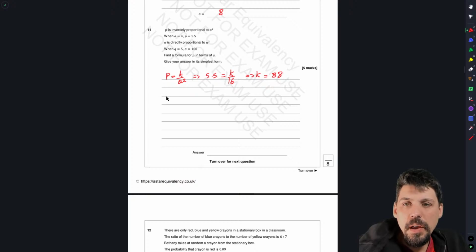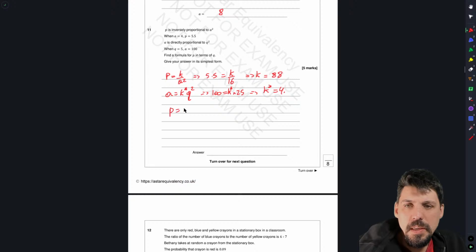When Q is 5, A is directly proportional to Q squared. I don't know, what should we use? K star Q squared. So that's nice. A is 100 when Q is 5. K star is 4.